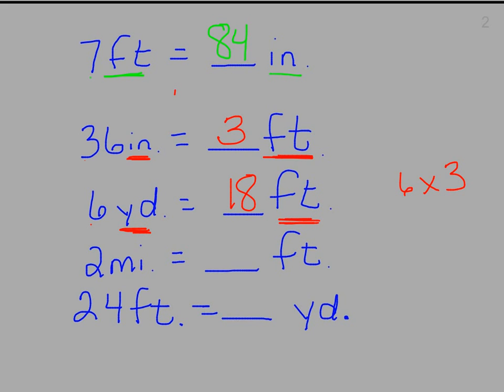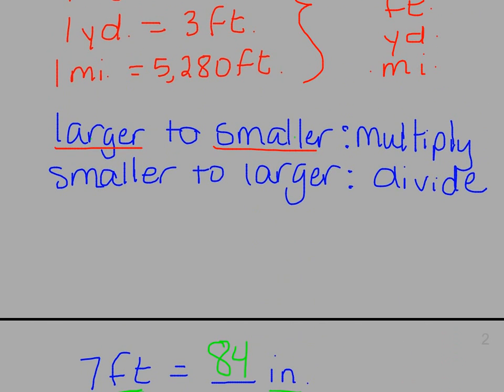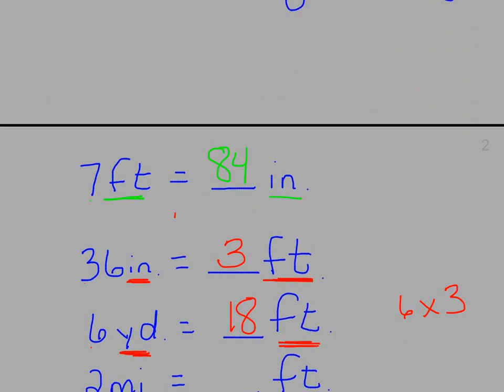Looking at miles to feet, again, we're starting with a bigger unit and going to a smaller one. Feet are much smaller than miles, so we're going to be multiplying. Larger to smaller means multiply, and the conversion we'll use is 1 mile equals 5,280 feet.